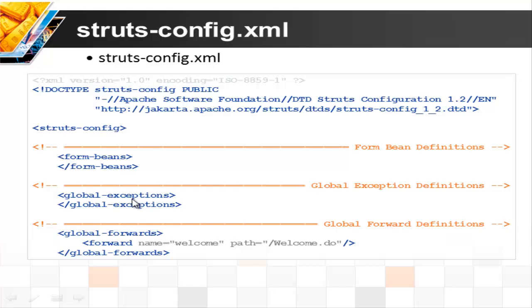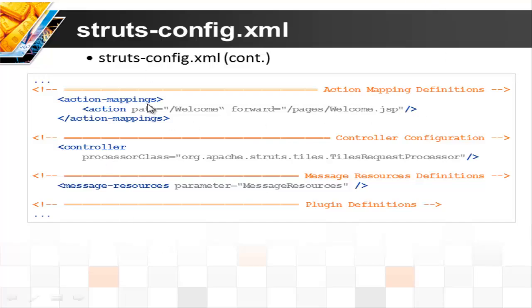Global exceptions is part of this section alone, and global forwards are also touched. Exceptions are not heavily used. Mapping is definitely used. We have already used that, and you know very well that for every action you have to have a mapping, so these sections are regularly touched.